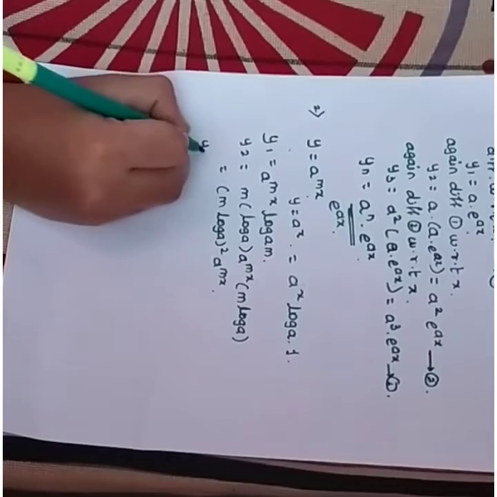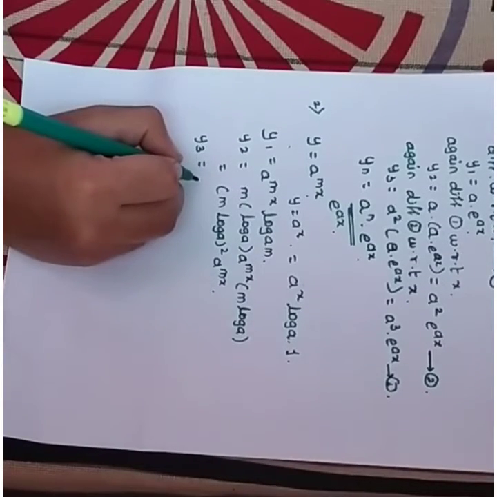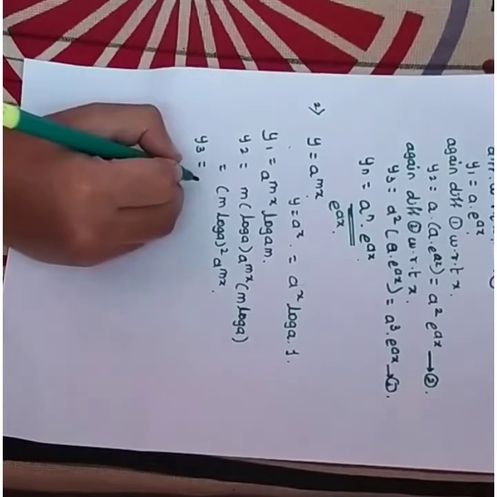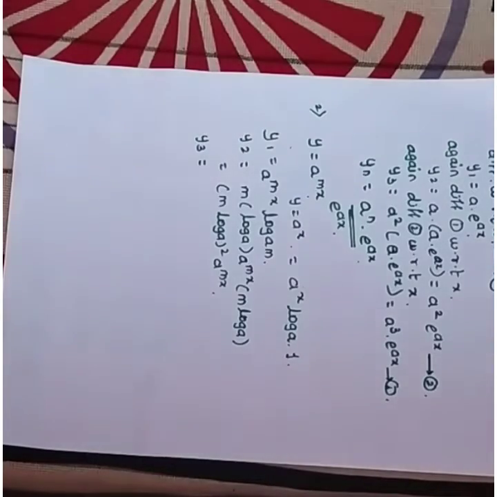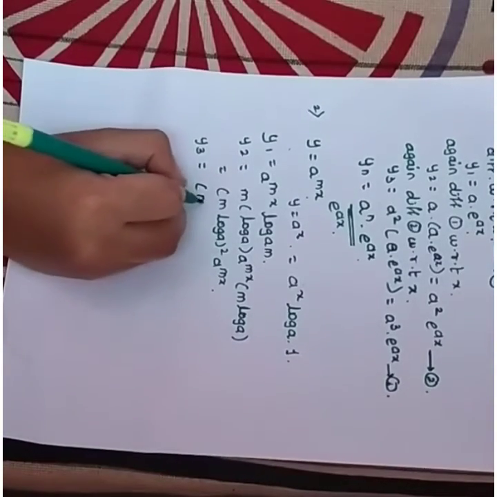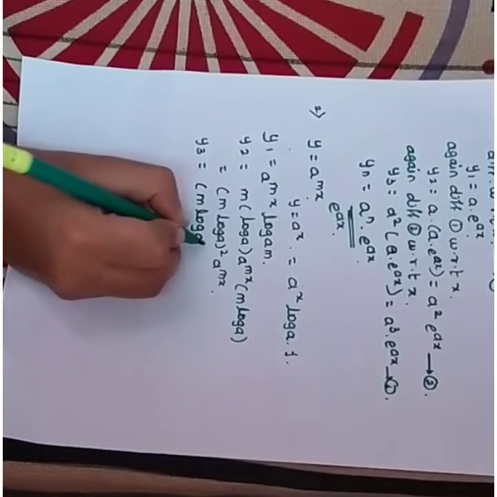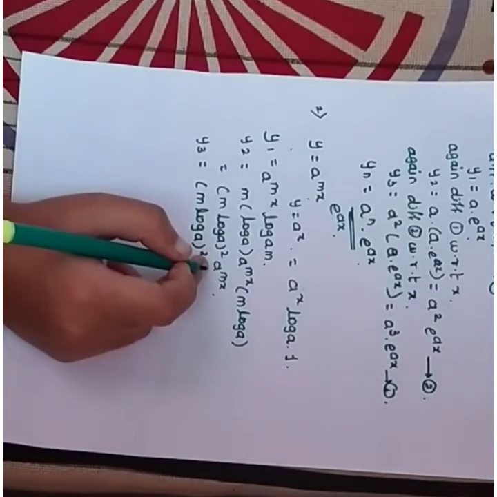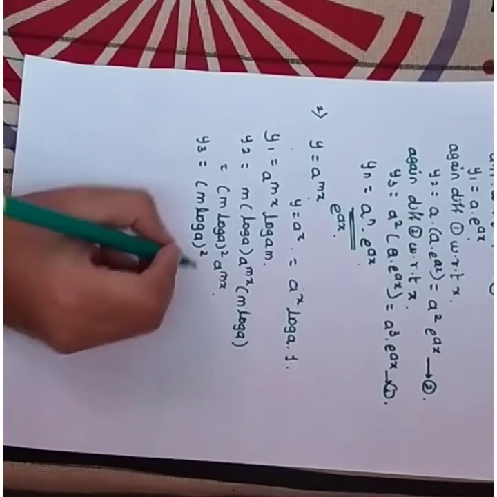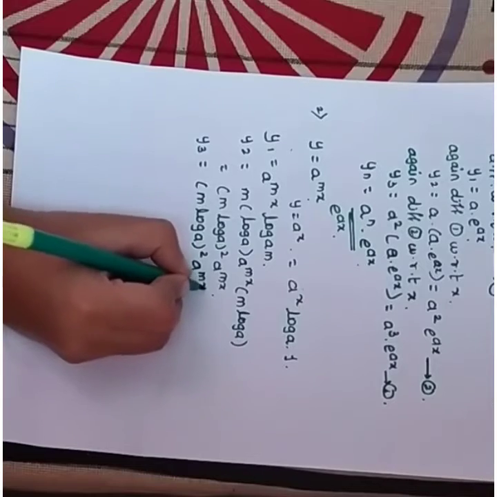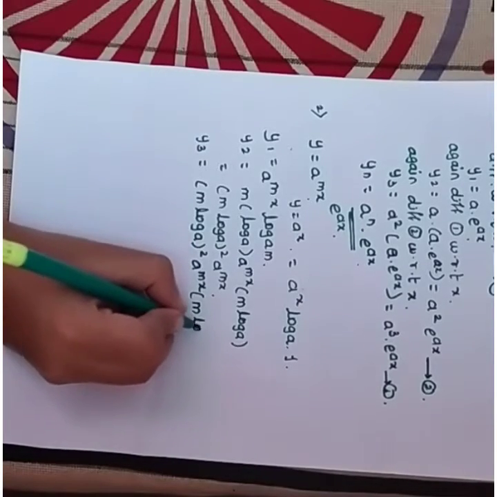We will find out y3, that is, we will keep m log a whole square as it is, and the differentiation of a raised to mx will be a raised to mx into m log a.